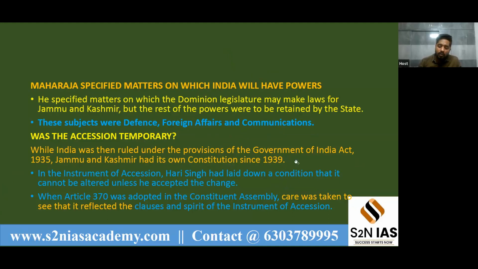From 1935 to 1939, a Constituent Assembly of Jammu and Kashmir was in place, and a mini constitution for the territory of Jammu and Kashmir, except defense, foreign affairs, and communications, was in place. In the instrument of accession, Hari Singh laid down a condition that it cannot be altered unless he accepts the change. So, without his consent, you cannot amend the instrument of accession.